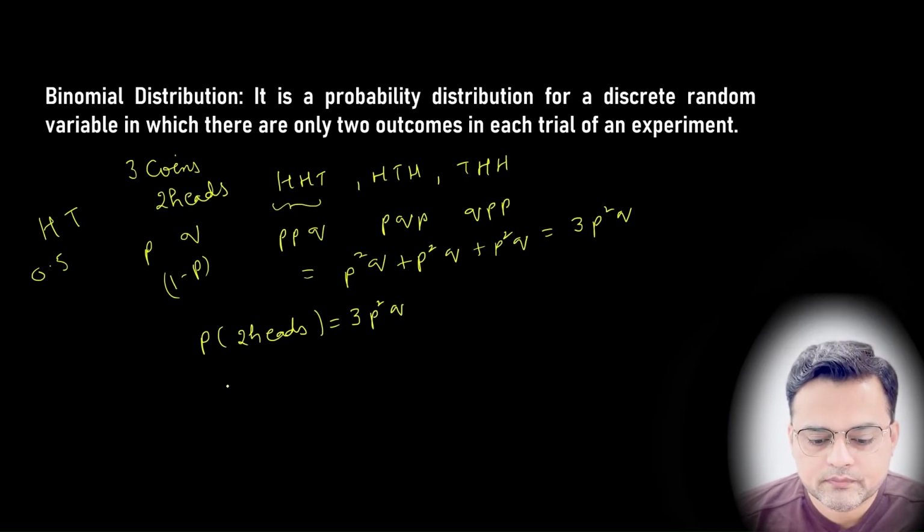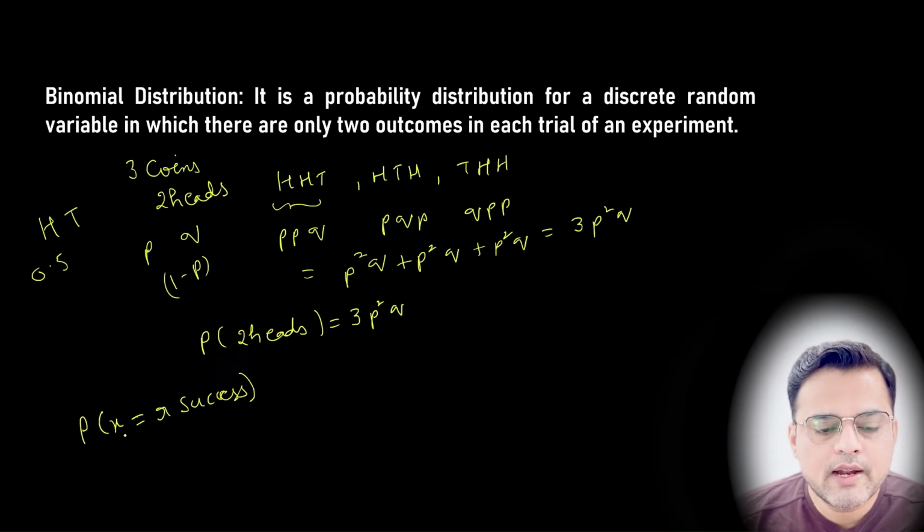And in case of the binomial formula, for a random variable x, the probability of R successes: here I am tossing three coins, so my x value will be 3, and R successes means that out of three coins I want to get two heads.